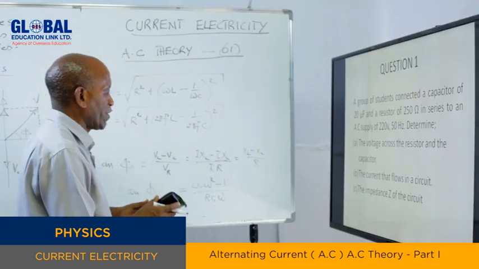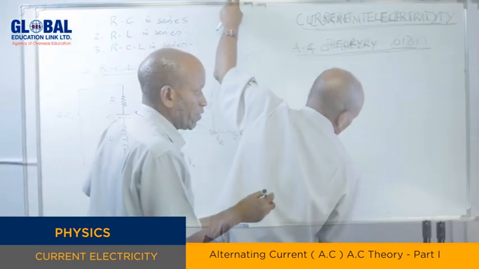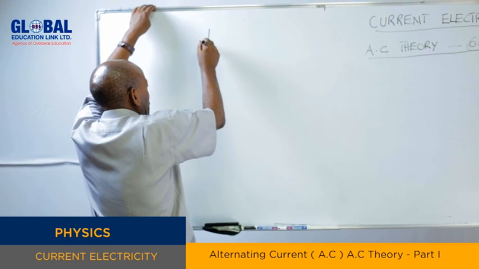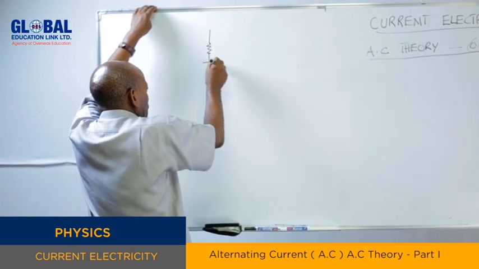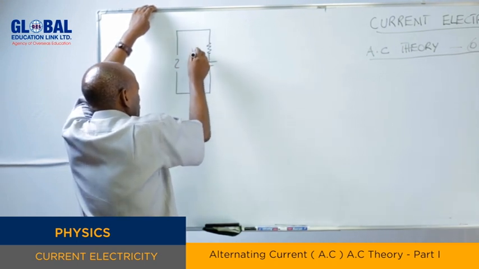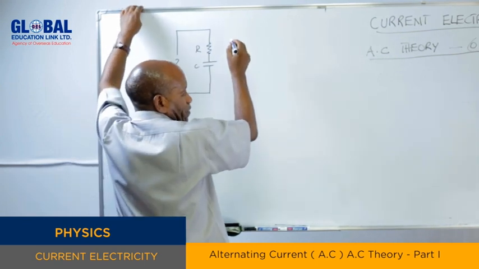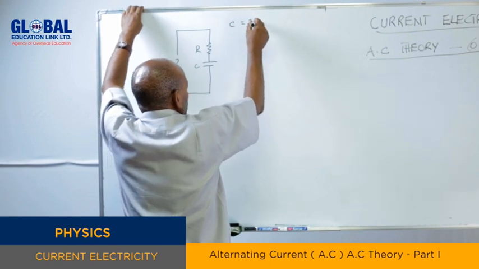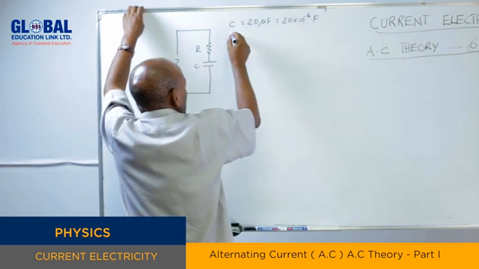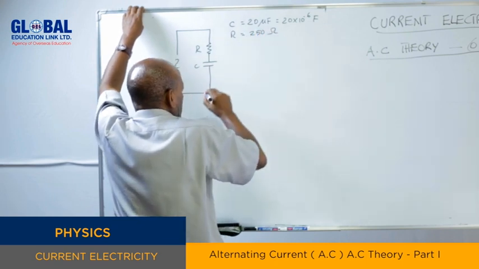The first one, part A, we need to look at the voltage across a resistor and a capacitor. So here we have a resistor and a capacitor connected in series across that particular AC source. We are given that the capacitor is 20 microfarad, that is 20 times 10 power minus 6 farad, and the resistor is 250 ohms.